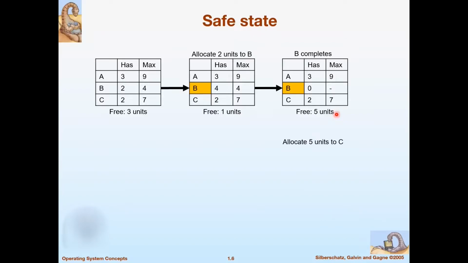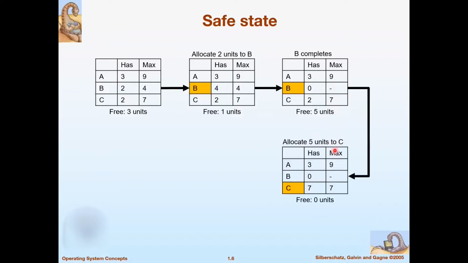So C will get its maximum limit of 5 plus 2, that is 7 units. As seen over here, the amount present in the free store is 0 units. Now after C completes, all the 7 units of C get returned back to the free storage.